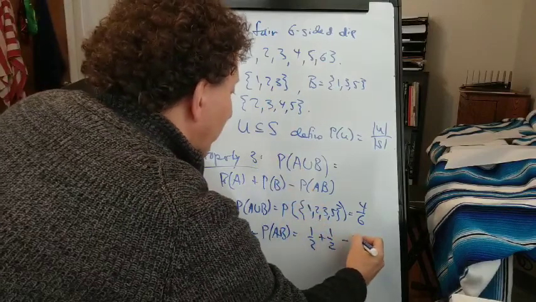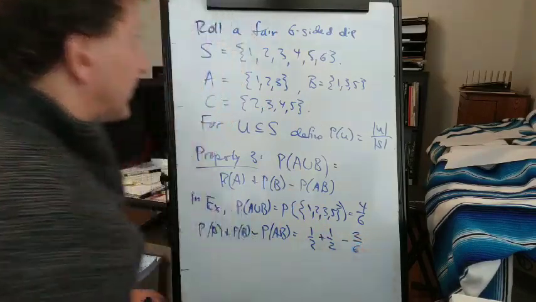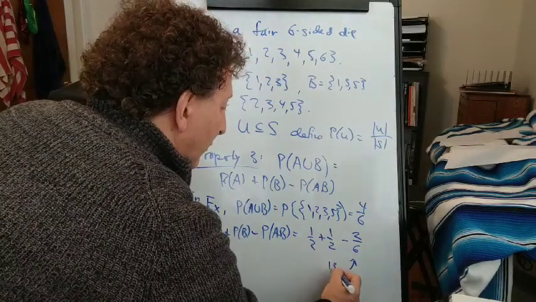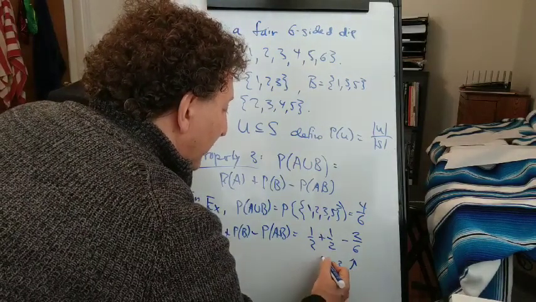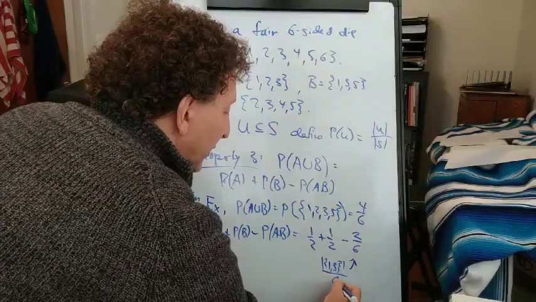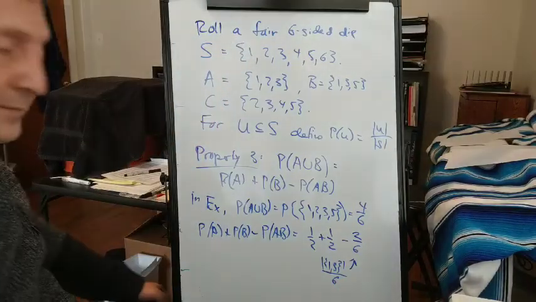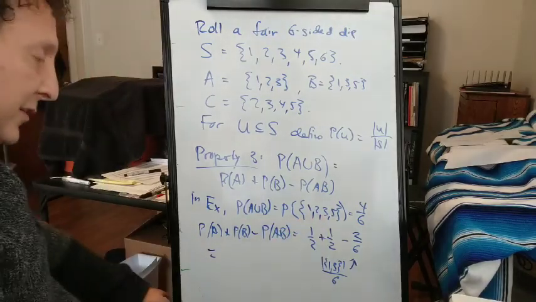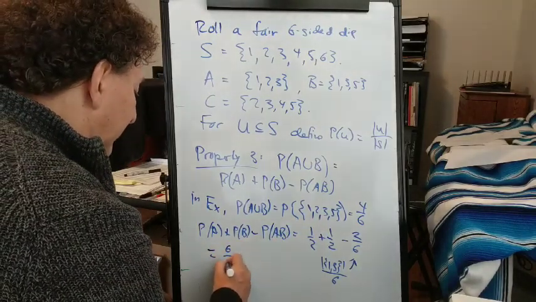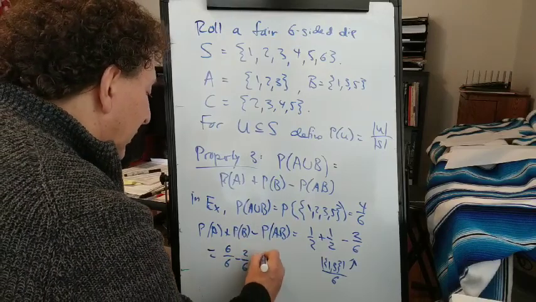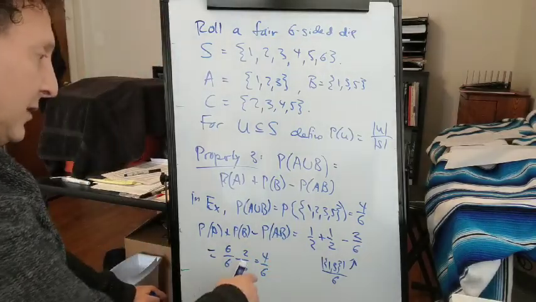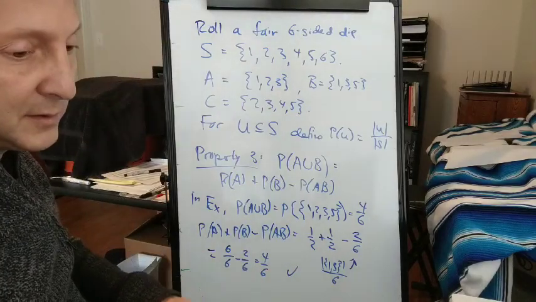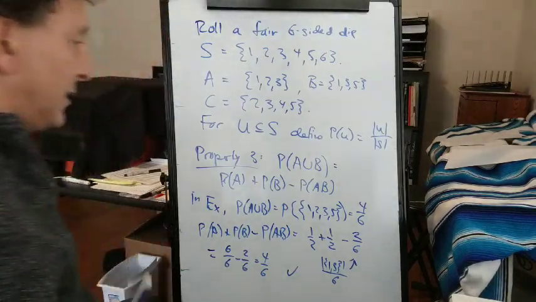So minus 2/6, the number of elements in the set 1, 3 over 6. And that is 1 minus 2/6, which is 6/6 minus 2/6, which is 4/6. So that matches what we had on the left-hand side.